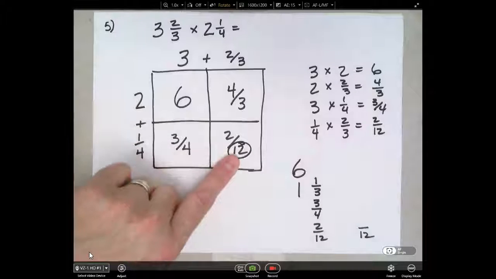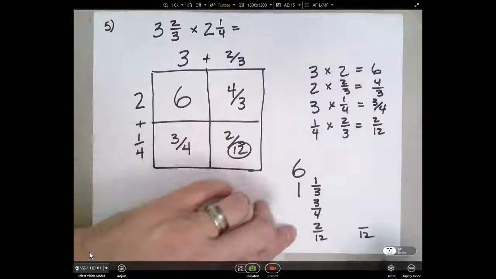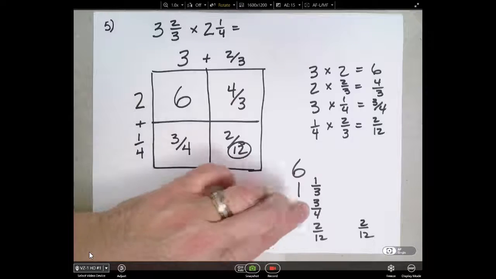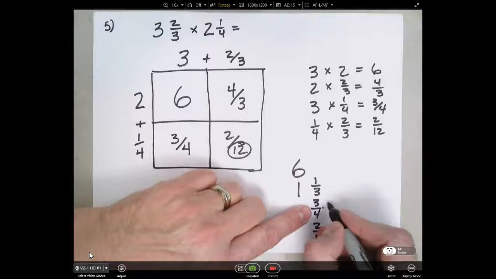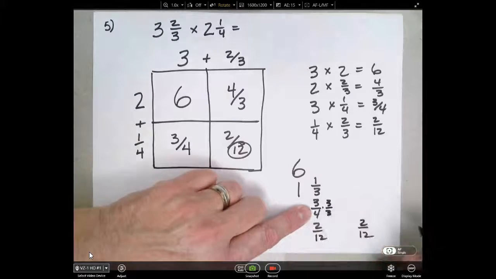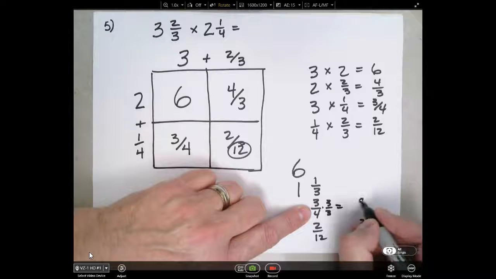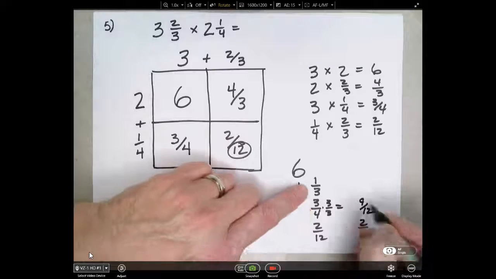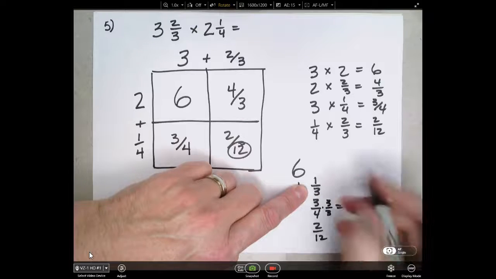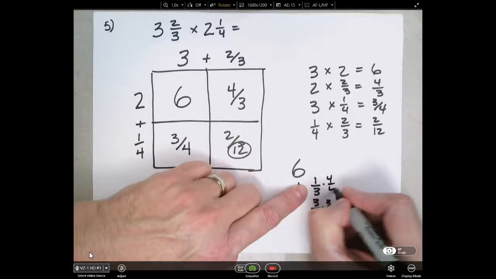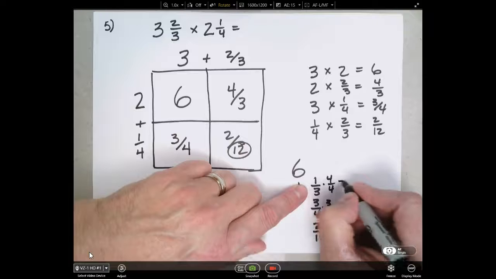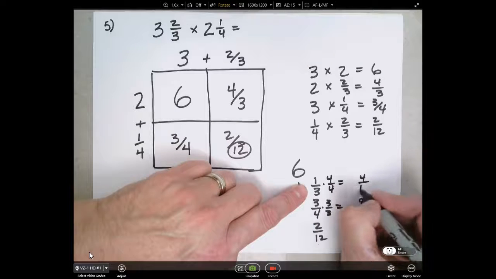You're always going to find it in the lower right-hand box. So this stays 2/12. To turn fourths into 12ths, I multiply by 3 over 3. And I get 9/12. To turn thirds into 12ths, I multiply by 4 over 4, and I get 4/12.